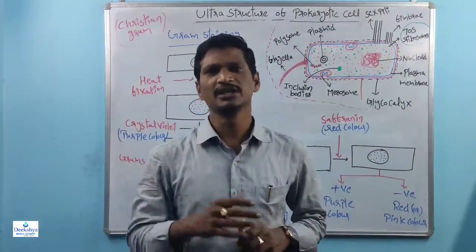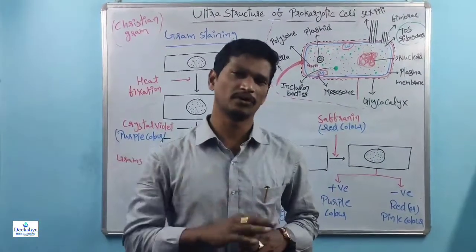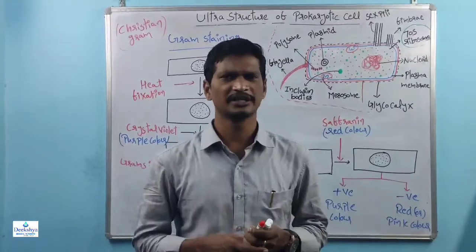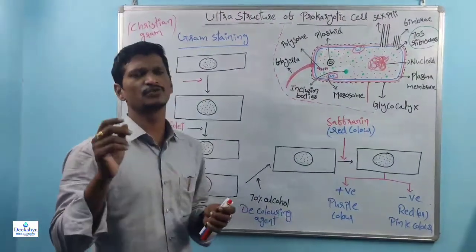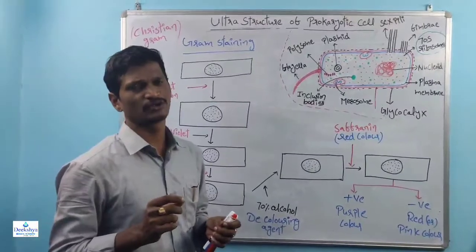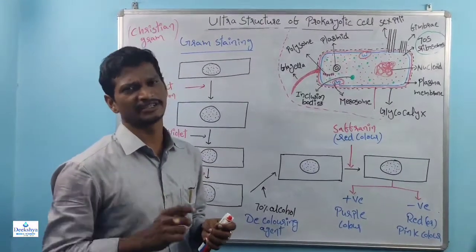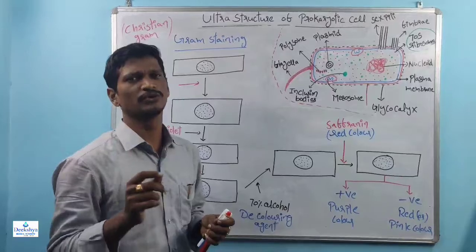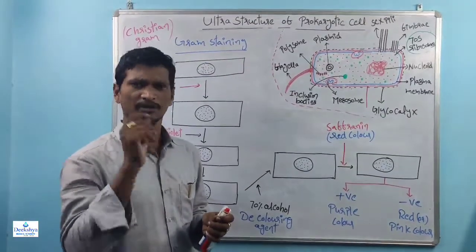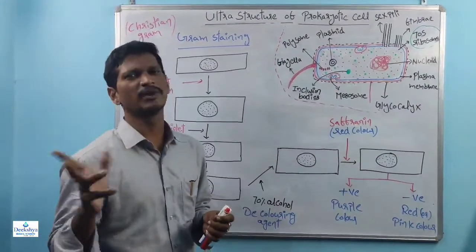How can we identify the bacterial cell wall? You are unable to. In that case, one of the scientists introduced a technique called the gram staining technique. That technique is very useful for the differentiation of gram-positive and gram-negative bacteria.